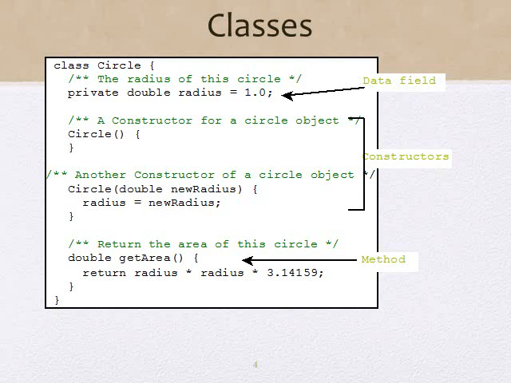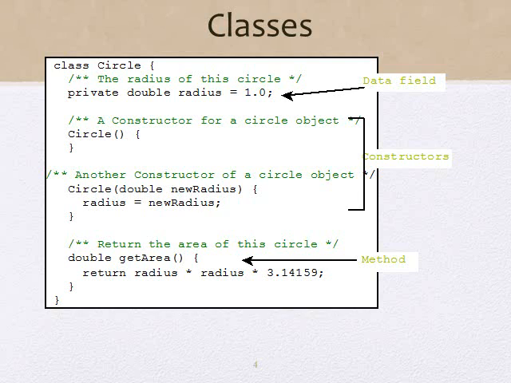Now, the public accessor exposes methods to the programmer for use. And if no accessor is specified, public is the default. So the only way a programmer can change the radius in our class here, or find the area of a circle, is through the methods exposed for his and her use.